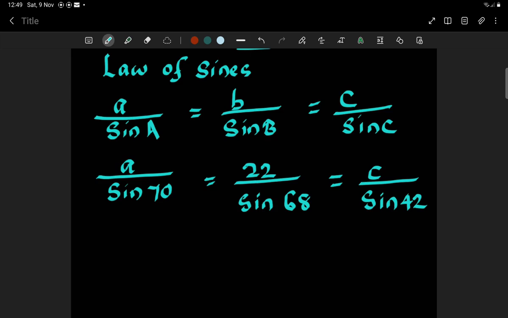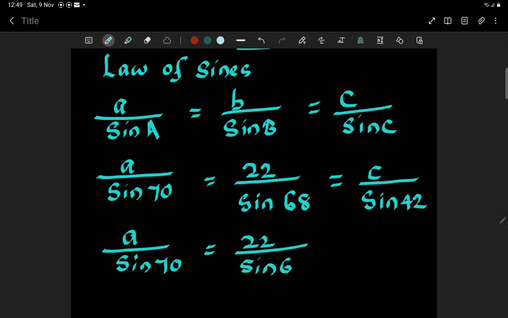Next, two terms we can combine and find side a and side c. First we combine the first two: a by sine 70 is equal to 22 divided by sine 68. How will we find a from here?